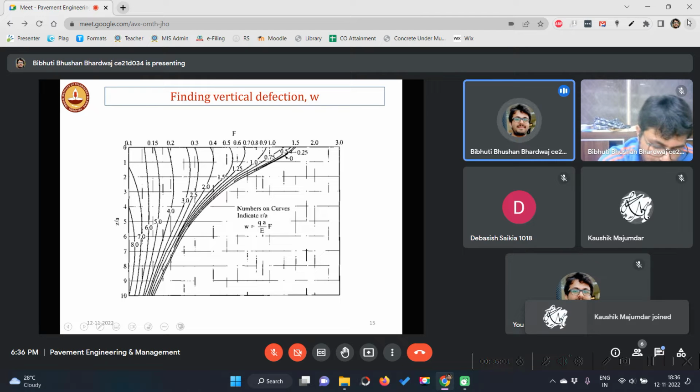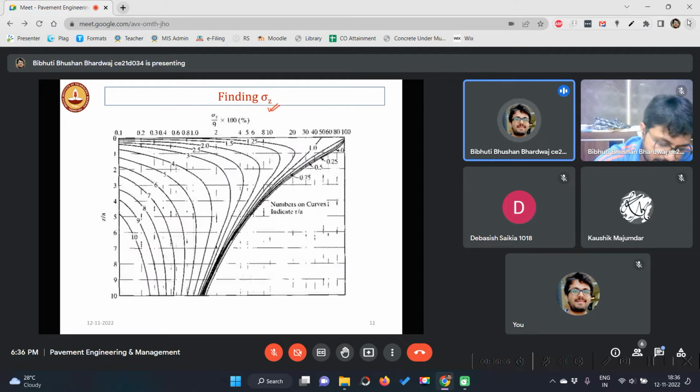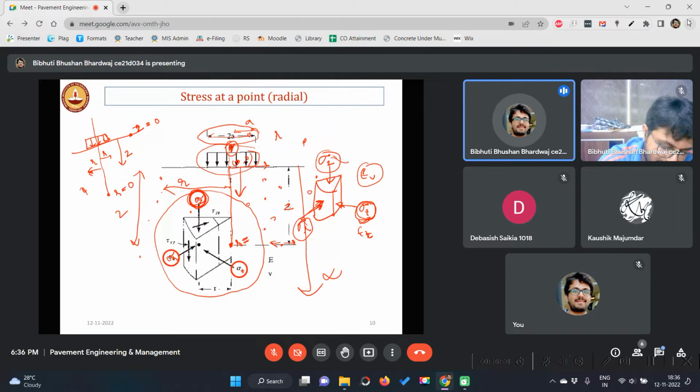And this chart is used to find the particle deflection. That means in this particular problem, at any point, if I ask you to find the deflection, the shear stress tau rz and tau zr will both be equal.